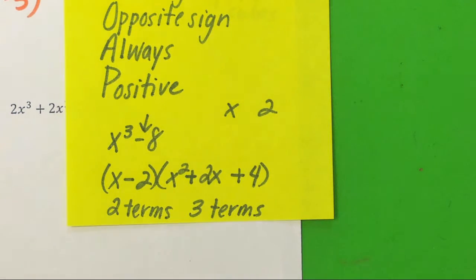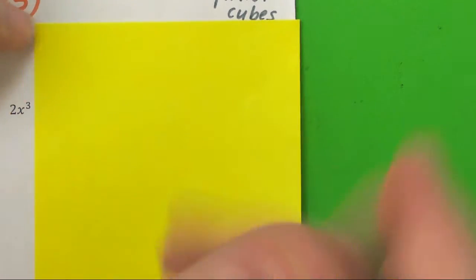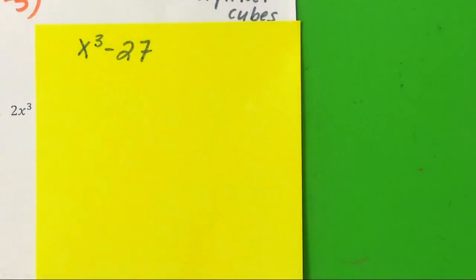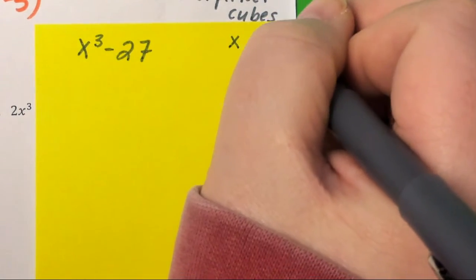Okay, so let's try one similar problem, such as x to the third minus 27. Well, we understand 3 cubed is 27, so we're assuming our answer is going to involve x's and 3's.